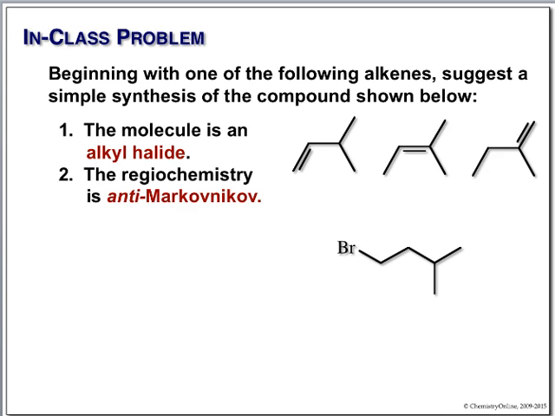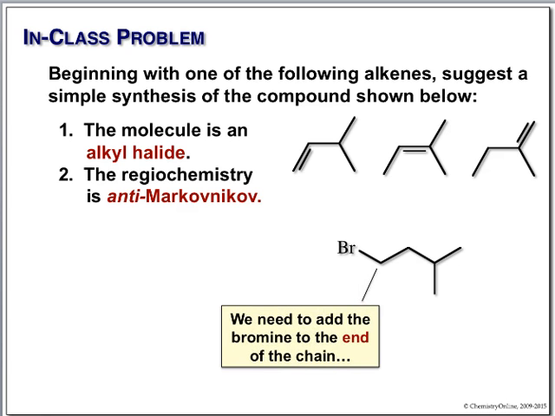All right. Next, you want to look and say, which of these can we add HBr peroxide and get this alkyl halide? Clearly, the double bond must be here, right? It must be out on these terminal two carbons. So the one we want to use is going to be this guy. Bromine has to go to the end.